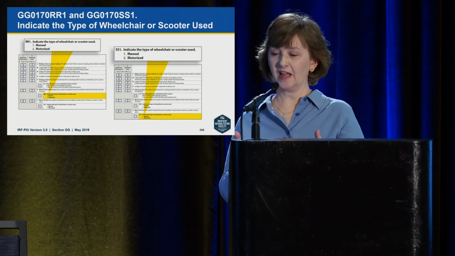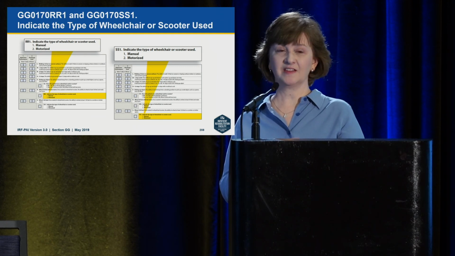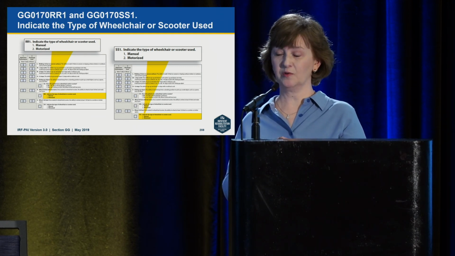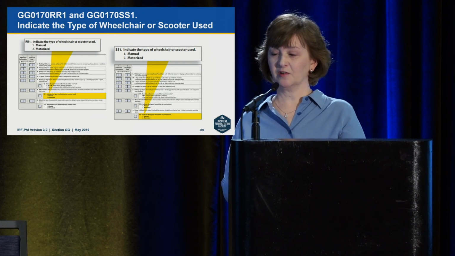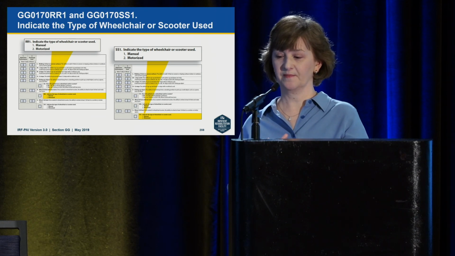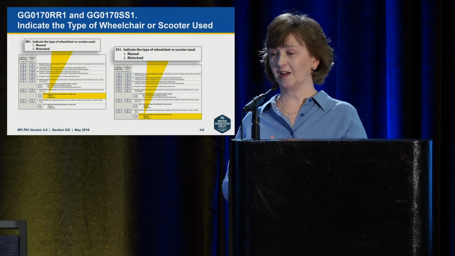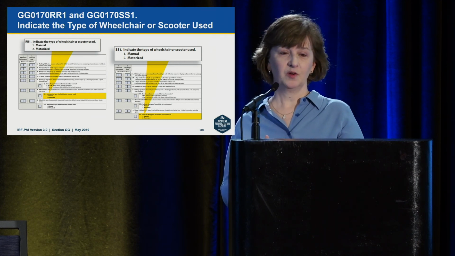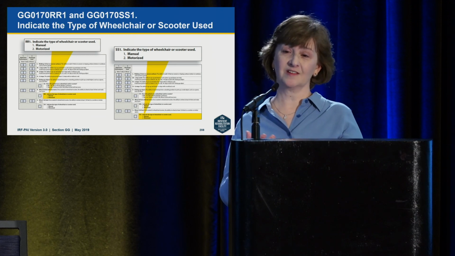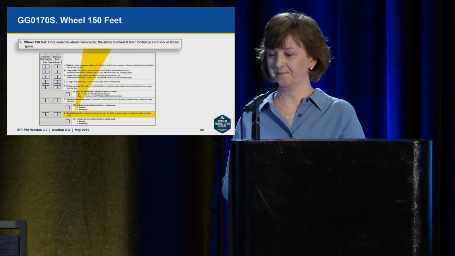So I'll cover these together, but basically we are asking that you indicate the type of wheelchair that the person used, and the options are that it's either a manual wheelchair or scooter or a motorized wheelchair or scooter. And it's possible that somebody going kind of a shorter distance might be using a manual wheelchair, might be using a motorized wheelchair or a scooter for longer distances, so that's why there's follow-up questions for both distances.